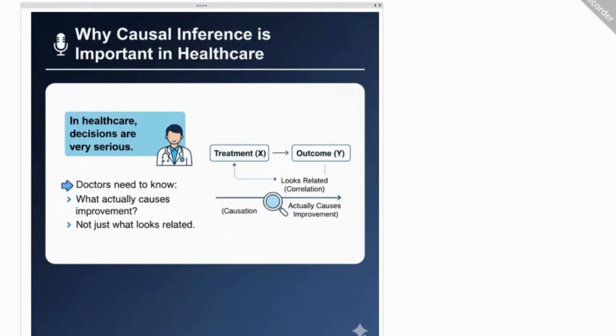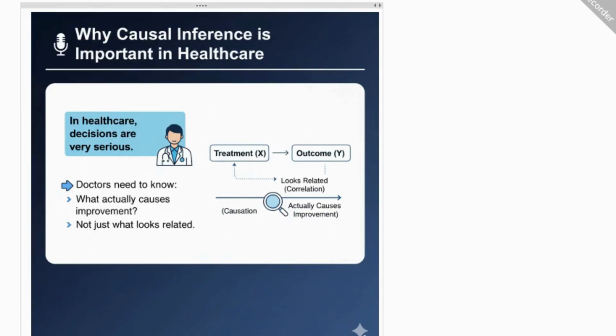For example, a patient takes a drug and improves, but maybe diet improved, rest increased, or natural recovery happened. So we must find the real cause.